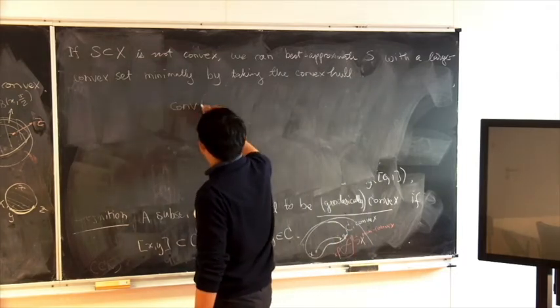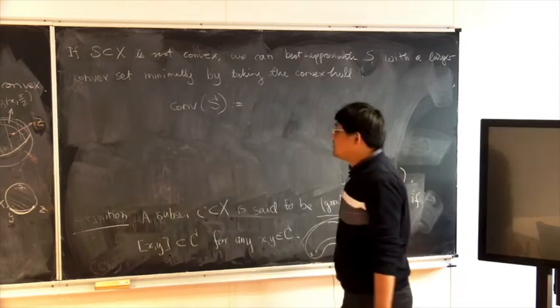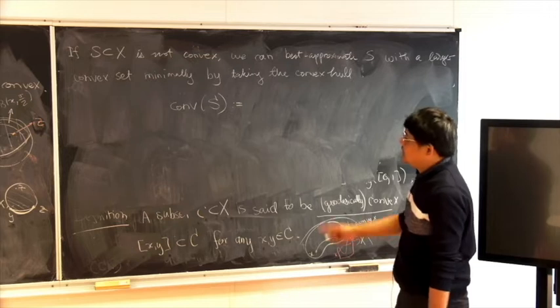The convex hull of the set S is defined to be the smallest convex set containing S.